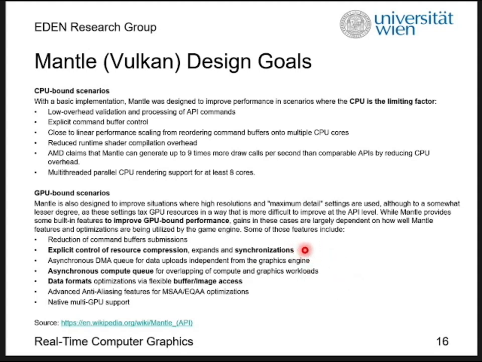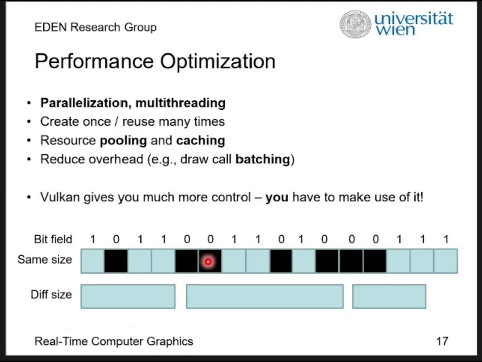And that's what the synchronization primitives are for. So you have a lot of synchronization stuff in the GPU itself. Yeah, you have very flexible buffer and image access. You have built-in anti-aliasing optimizations and so on. So there's a lot of design goals, and all of this is now in Vulkan and is really improving performance.